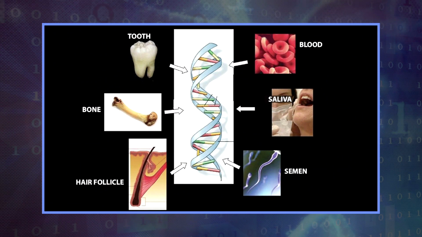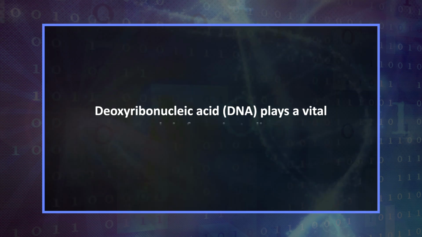Biological specimens from which DNA is isolated are blood, semen, saliva, tissues, bones, teeth, hairs. Deoxyribonucleic acid, that is DNA, plays a vital role in forensic studies.